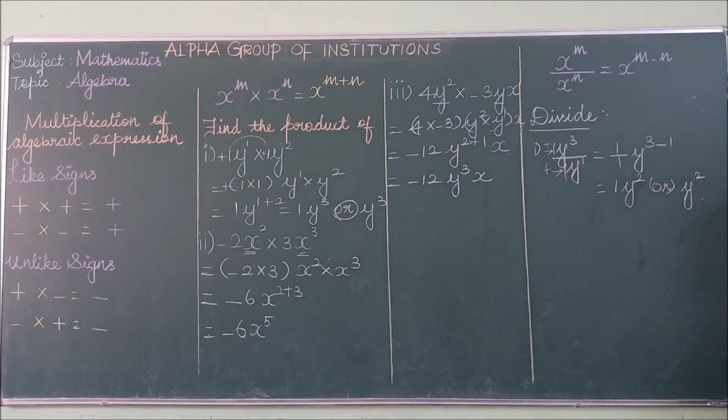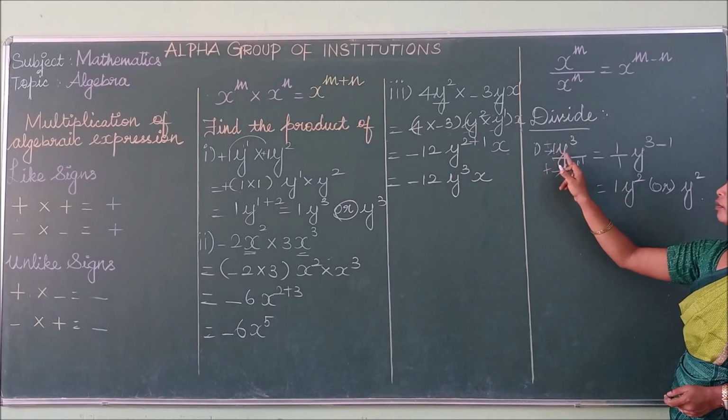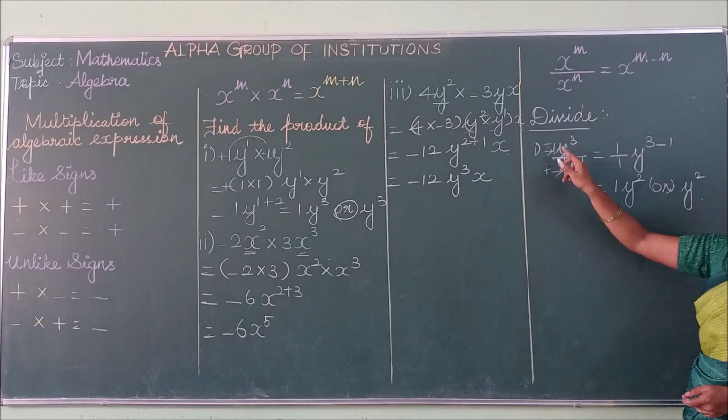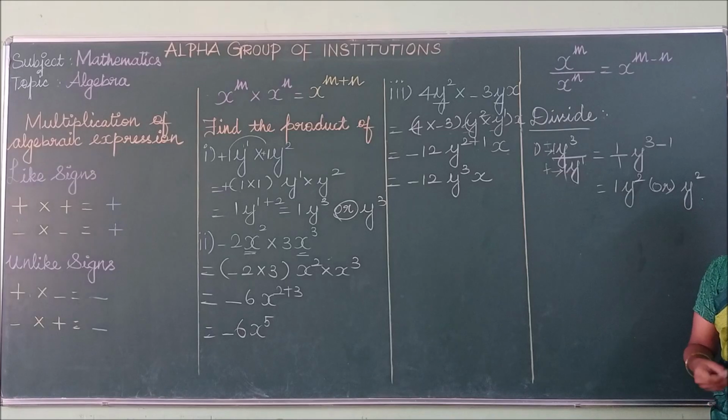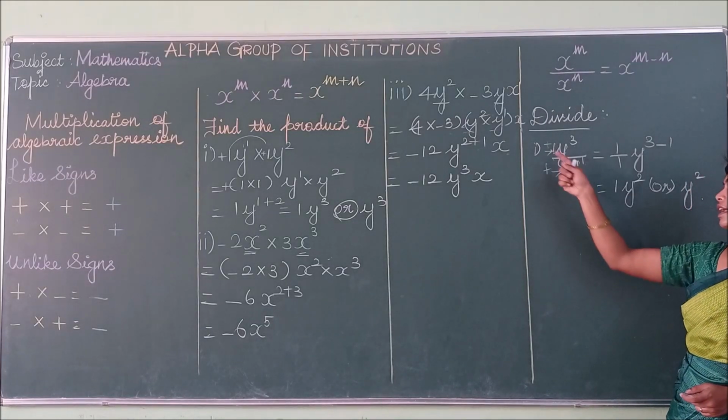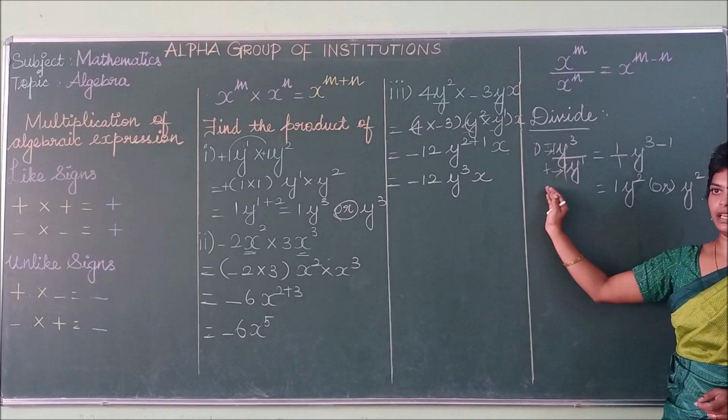Listen carefully. For division, first keep the formula in mind. I have written the formula here. Check out the question: 1 y^3 divided by 1 y^1. If the coefficient is not given, you can take the coefficient as 1. And the sign also is not given, so it is a plus sign only.